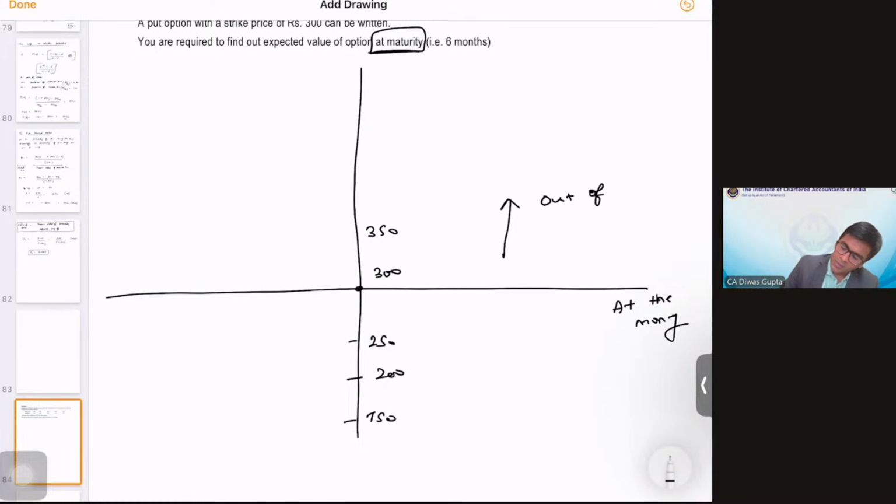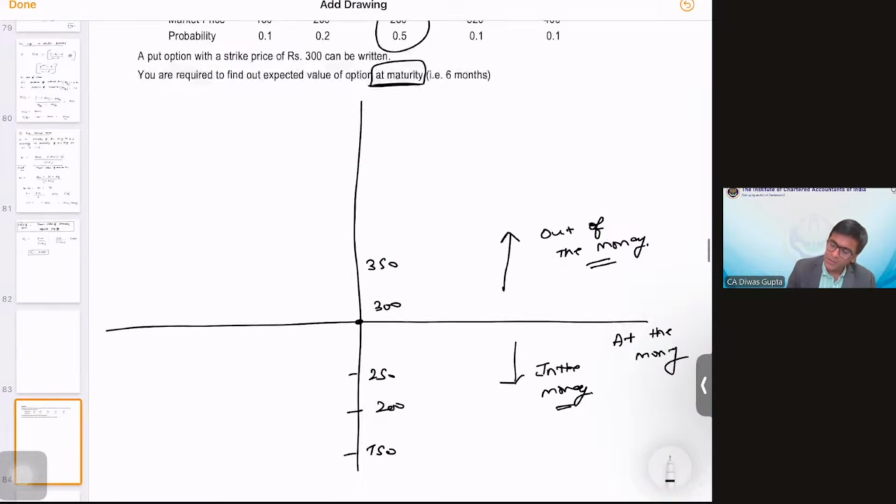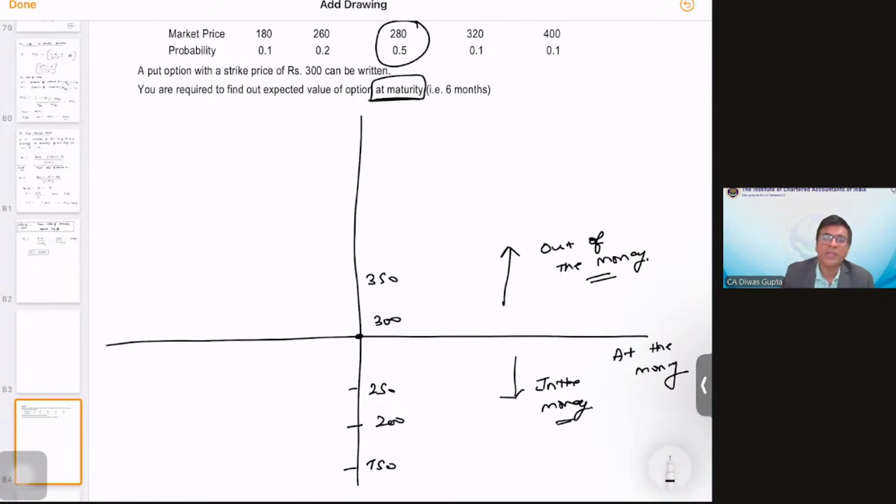So this is out of the money, and this is in the money, because we're talking about a put option here. The put option becomes out of the money when the spot price moves above the strike price, which is 300, right?